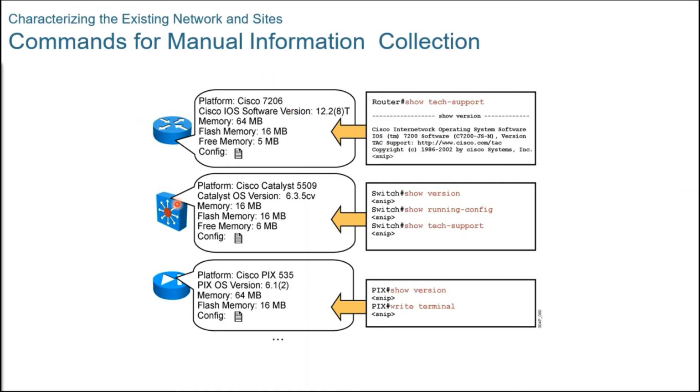On Cisco switches, you also have show version, show running-config, and other commands. On the Cisco Secure PIX security appliances, you could have show version and write terminal. Now, this would totally depend on the available devices in the organization. This is just an example, assuming that the organization is using Cisco equipment.